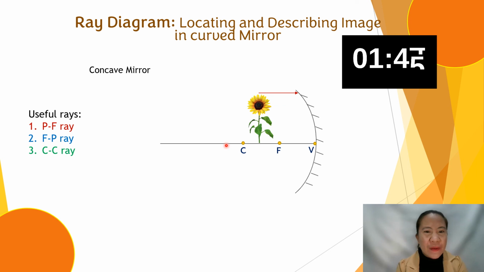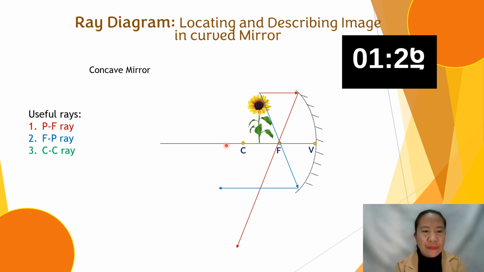Okay, so first you have to draw the PF ray from the tip of the object papunta sa surface ng mirror and then passing through the focal point. And then for FP ray, we have a light ray from the tip of the object passing through the focal point and then a parallel line. Then CC ray natin from the tip of the object papunta sa center of curvature.